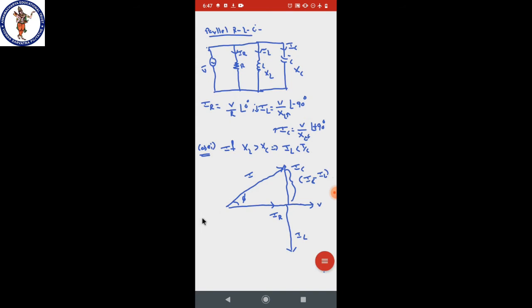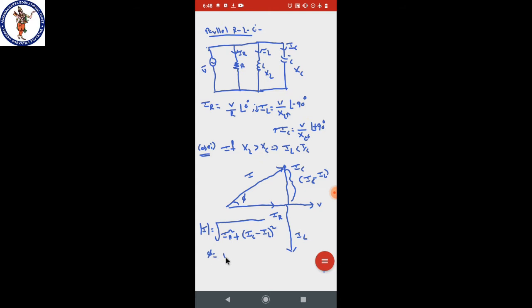Now I will go for the magnitude of I, equal to the square root of IR square plus opposite side, IC minus IL, whole square.